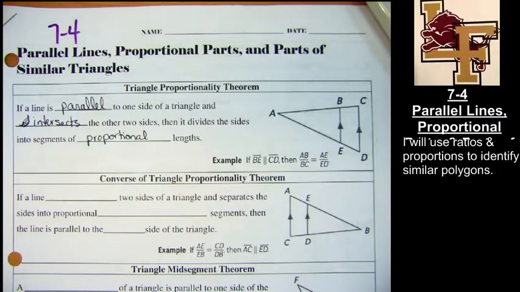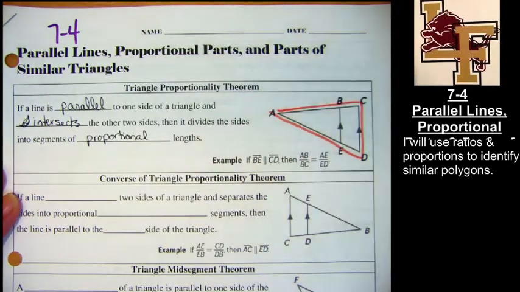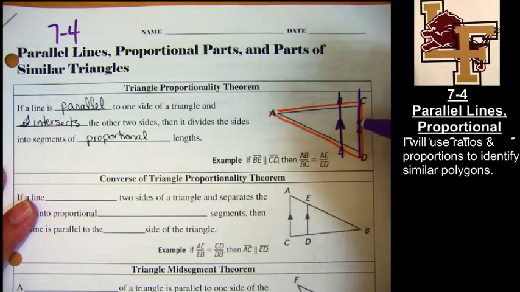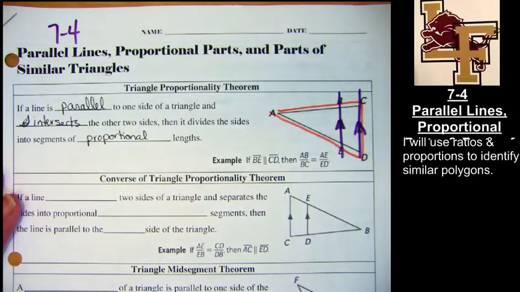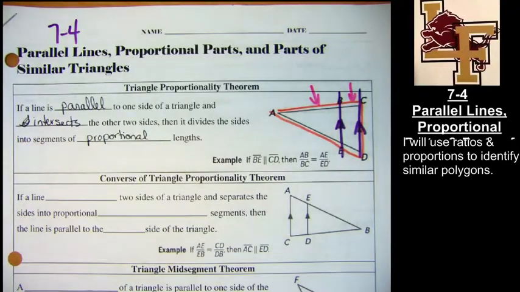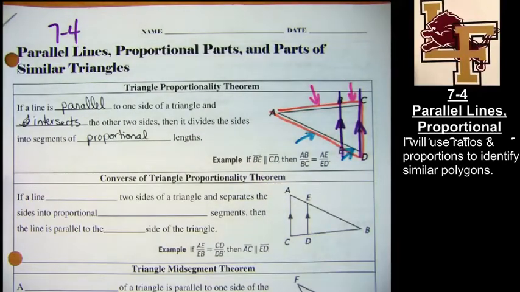I have some sort of triangle sitting here, and I have some line inside the triangle that's parallel to one of the sides of the triangle. Then the fraction I could write with these two pieces of the side is going to be the same as the fraction I can write with these two pieces of the side. They're in proportion.